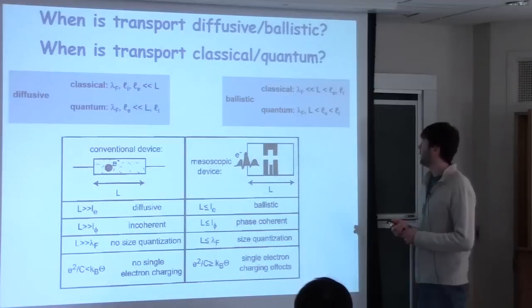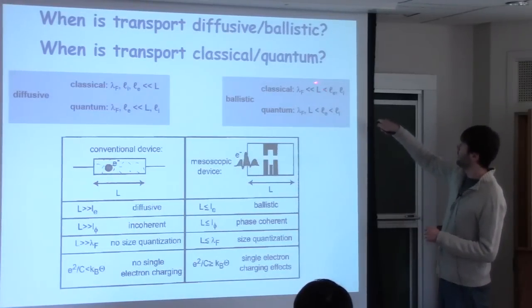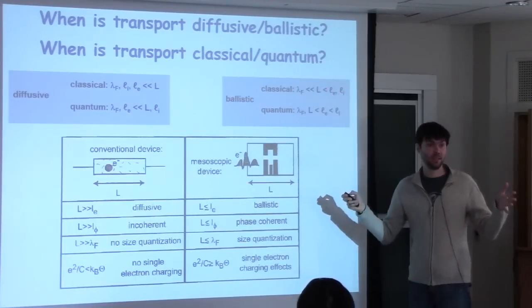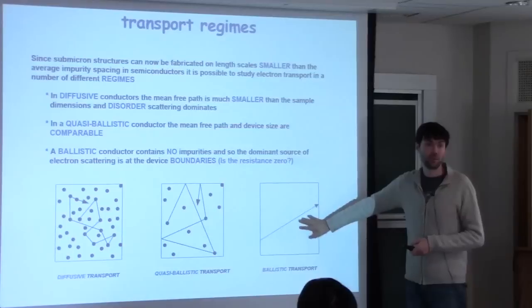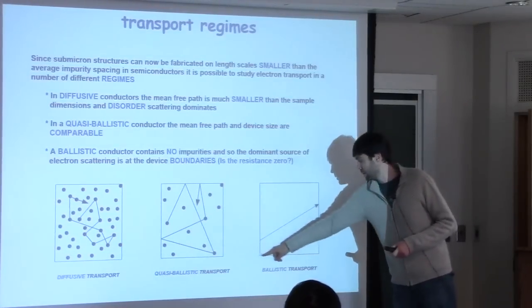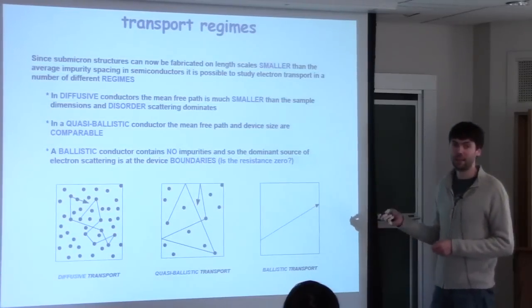Now, on the ballistic side, it is very similar, except now the size of the system, for example, can still be much larger than the Fermi wavelength, but the scattering lengths, the elastic and the inelastic, have to be larger than the system size. So remember this picture. There is no scattering in the system size. So this is capital L, and this would be L_E and L_I.